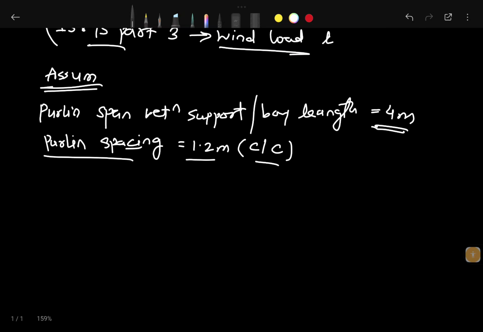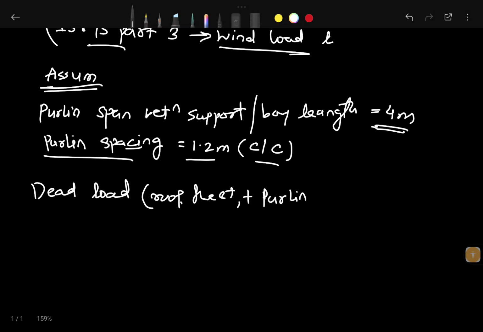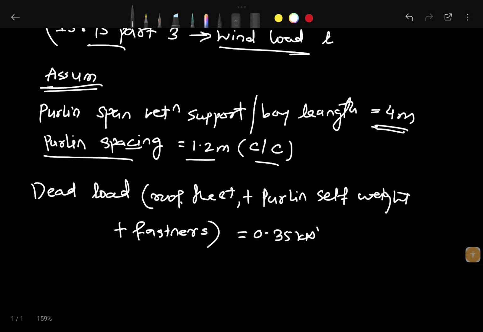Now, dead load. In dead load, roof sheet plus purlin self weight plus fasteners will come, and this dead load is 0.35 kilonewton per meter square.